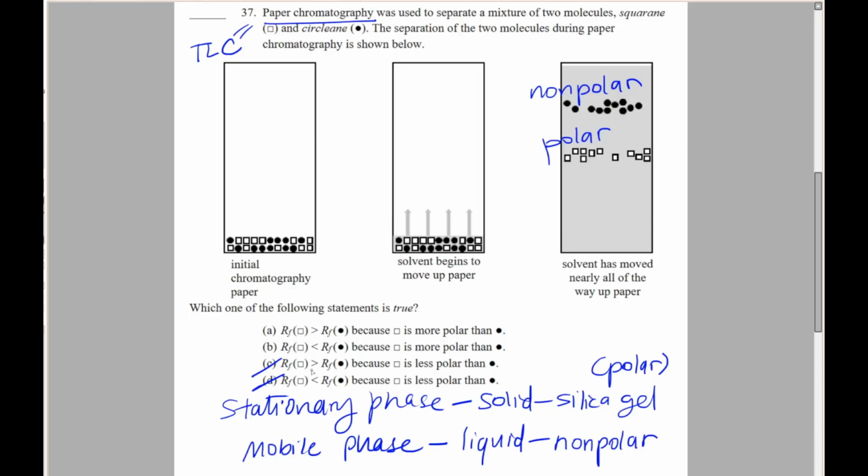The retention factor is just the distance traveled by each of these types of compounds divided by the total distance. And as you can see, something that travels further is going to have a larger ratio, or retention factor. So these circles are going to have a higher retention factor than the squares. The only thing that matches up with that is answer choice B. So our answer for this question is B.